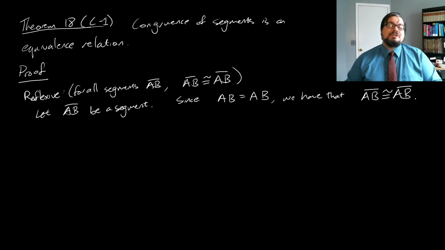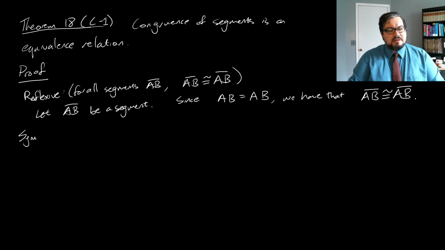So really what we've used here is the fact that equality on real numbers is reflexive, because I know that the distance from A to B is a number, therefore it's equal to itself, and therefore we can take that back to say that a segment is congruent to itself. So congruence of segments is a reflexive relation.